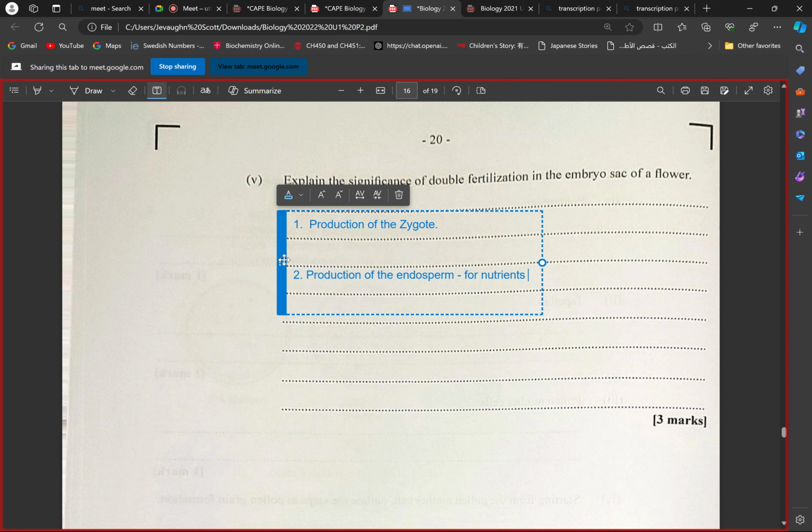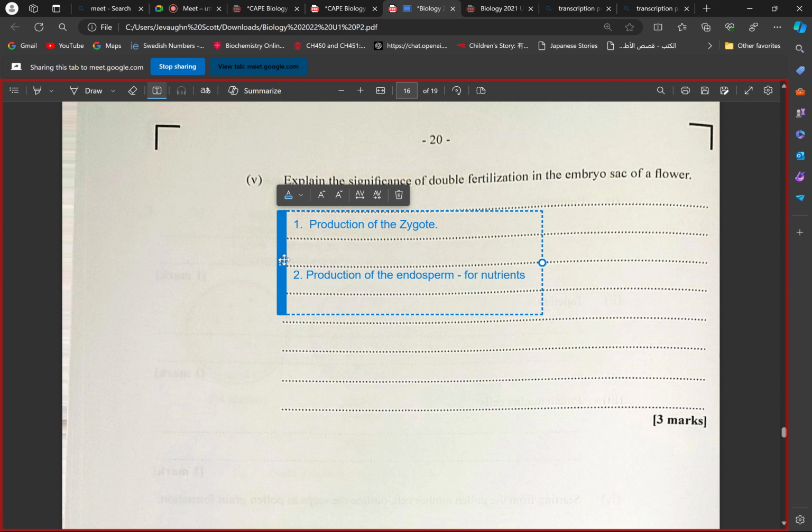No, it wouldn't. Okay, so somebody said no. Because remember, the endosperm provides nourishment to the zygote as it develops. Once the zygote develops, the endosperm will be depleted.